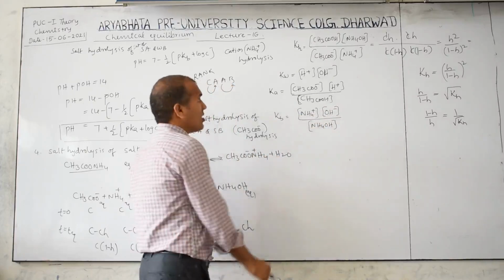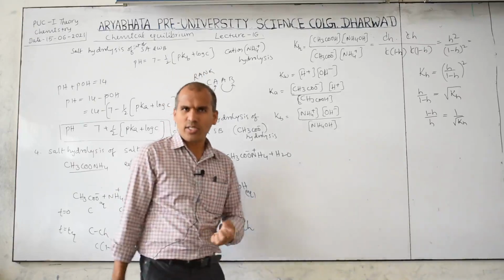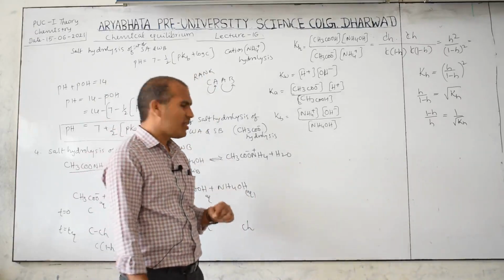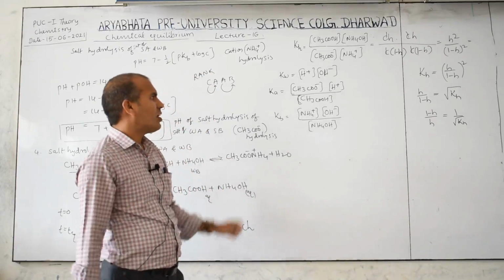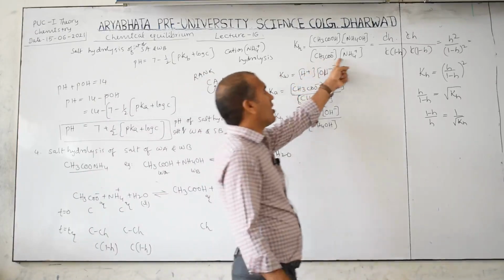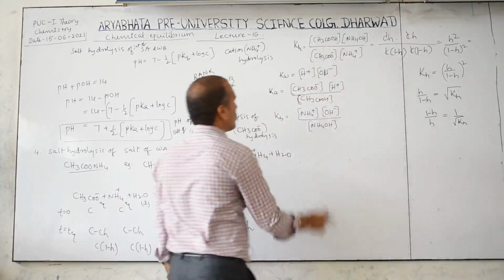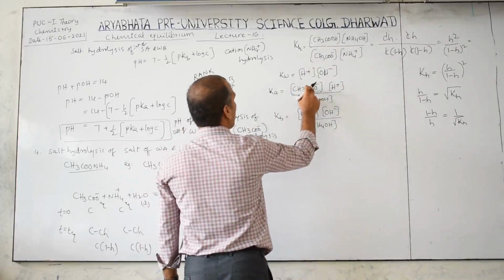Then you may ask a question: before, Kw was in the numerator and Ka, Kb in the denominator, but now these are in the denominator and these are in the numerator.